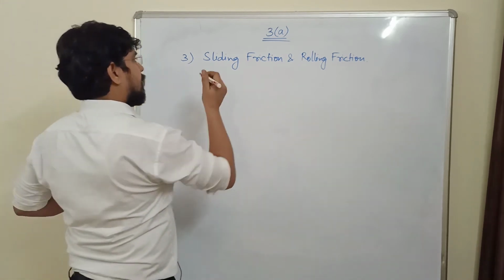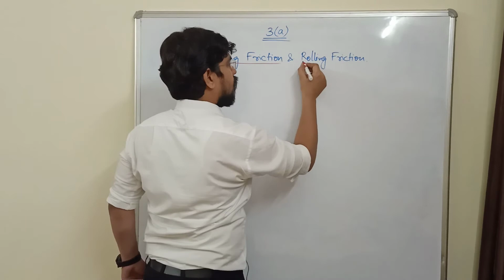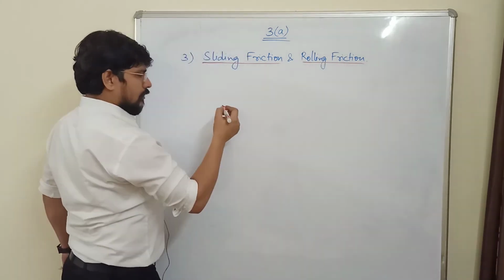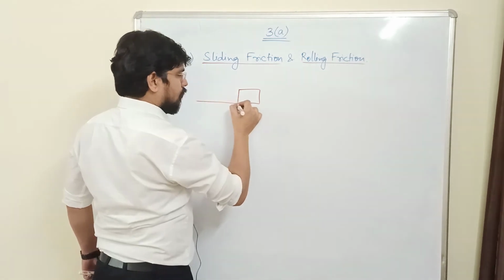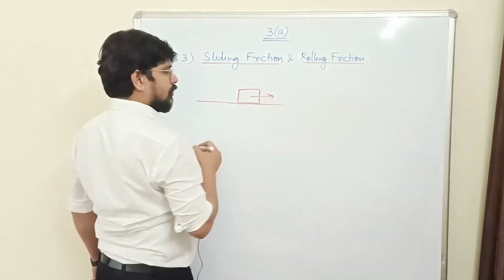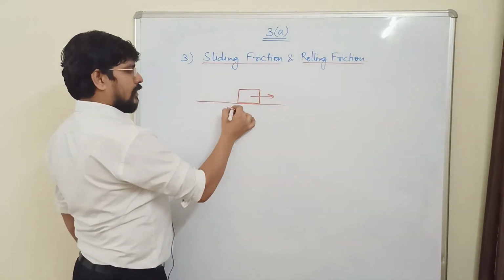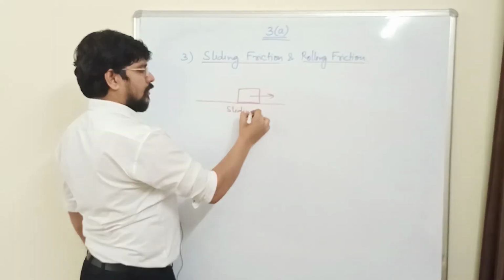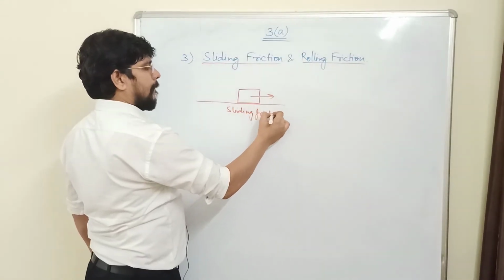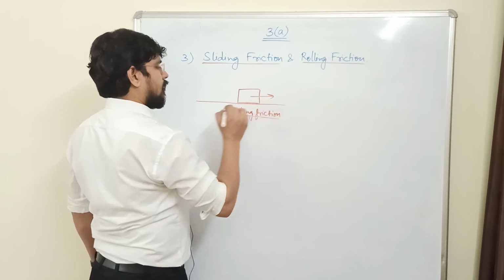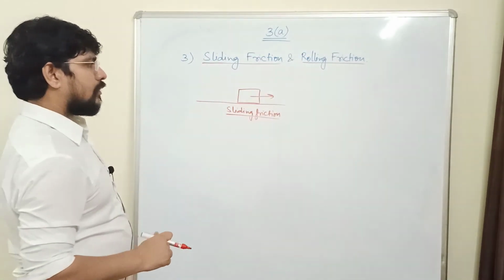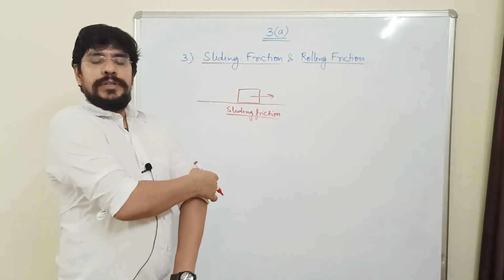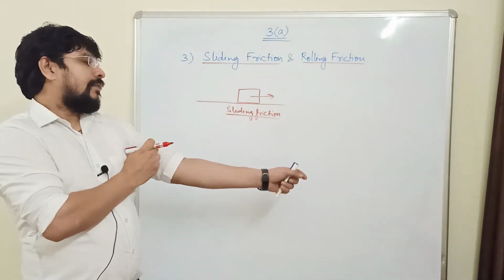So the next point is sliding friction and rolling friction. So far we were discussing that when one object is made to slide over another object, that is known as sliding friction, and we have been studying static, limiting and kinetic friction in the case of sliding friction. We know that sliding is not taking place every time.